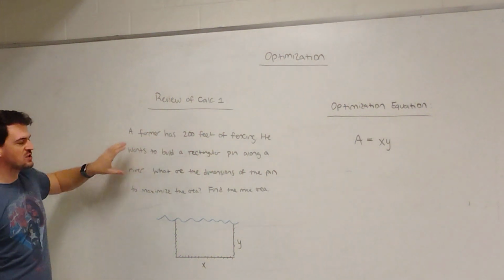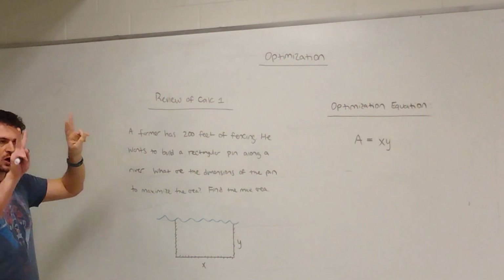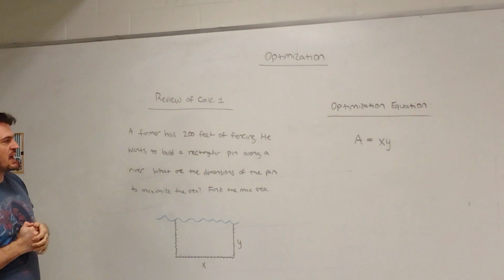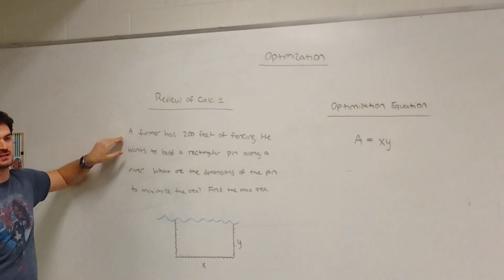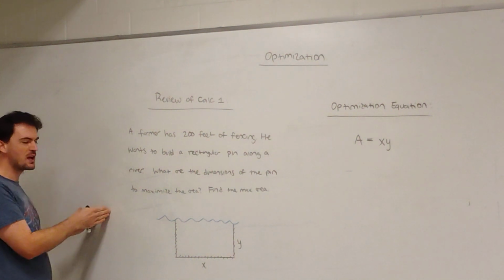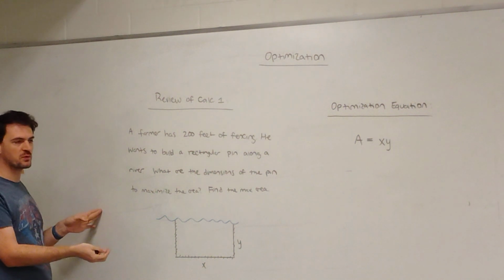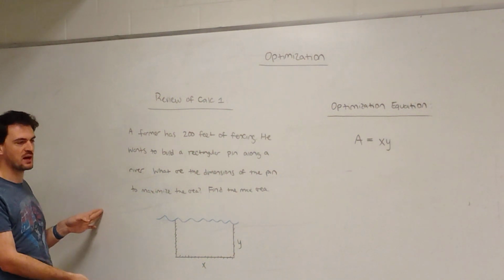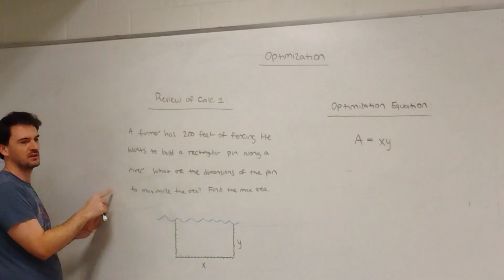But in the context of the story, there's always something holding you back: a constraint equation. The constraint is that you only have 200 feet of fencing. So again, the setup's always the same. Find an optimization equation. And if you want to minimize something, what prevents you from just making it as small as possible, making it 0? There's always something holding you back.